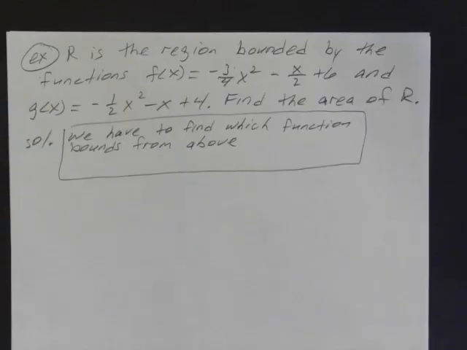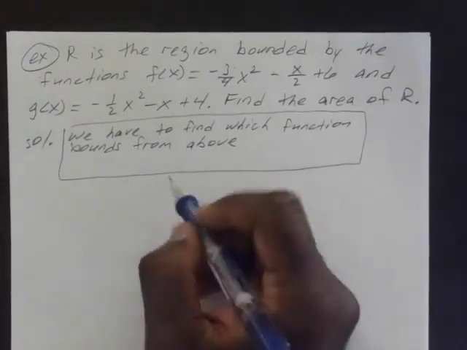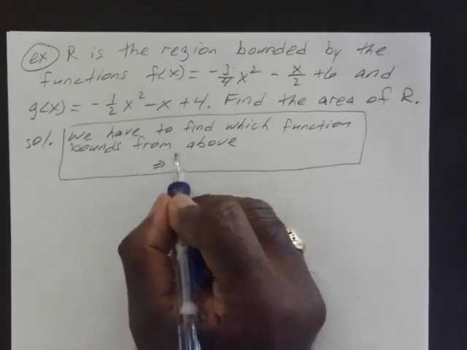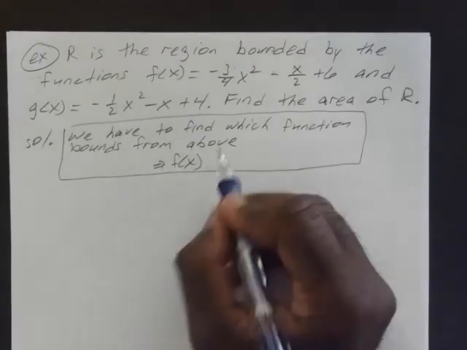If you also notice, we don't have an interval. So we have to find not only where it bounds from above and below, but we have to find the interval as well. Okay, we start off with finding where they intersect.